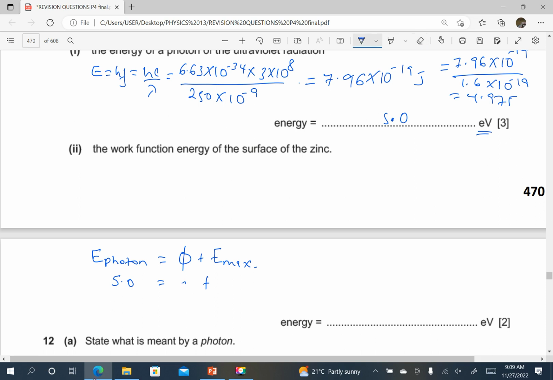The work function is what we want to find, and the kinetic energy is 1.4. So the work function is going to be 5.0 minus 1.4, which is 3.6 electron volts.